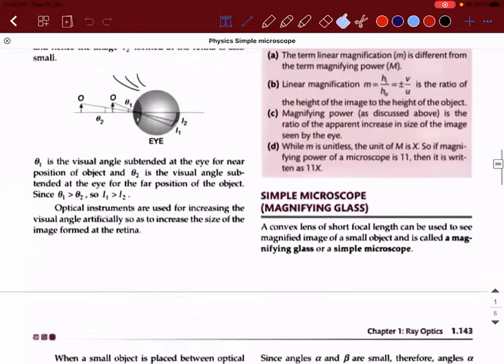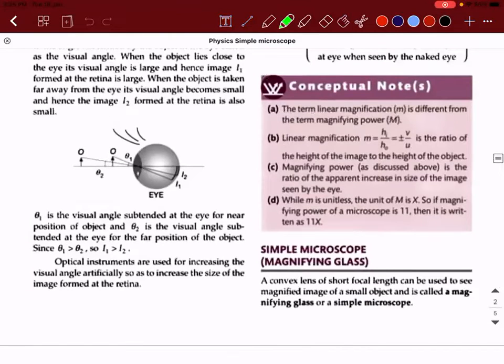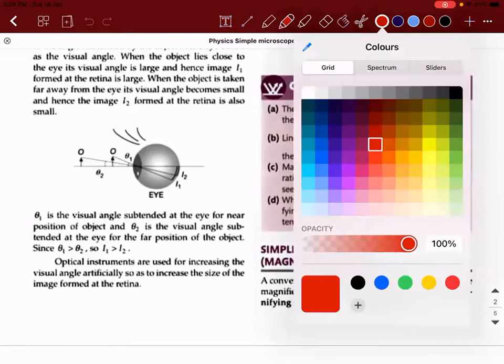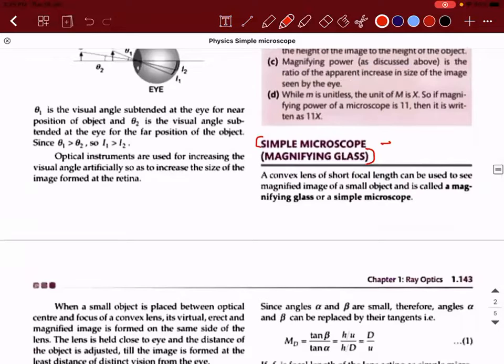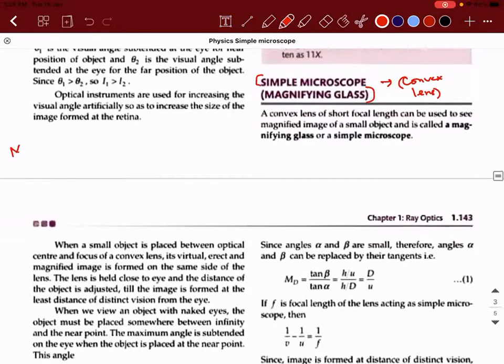Now see. So having all these points in mind, first we need to understand how a simple microscope works. A simple microscope is basically a simple convex lens, right? So what is the work of a microscope? A microscope basically magnifies the size of an object.